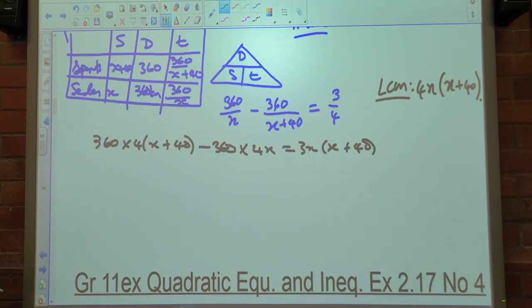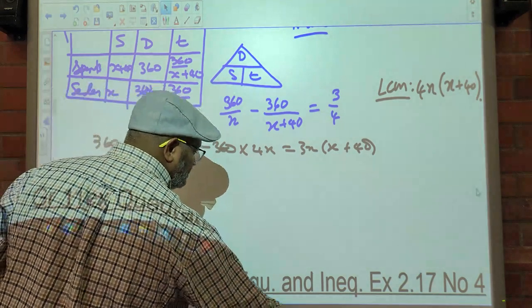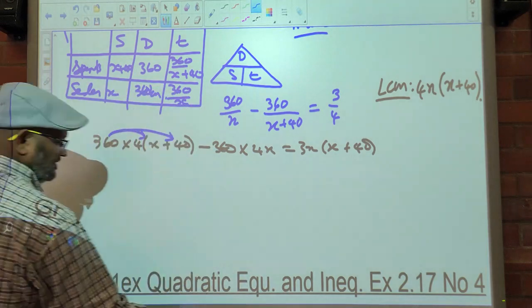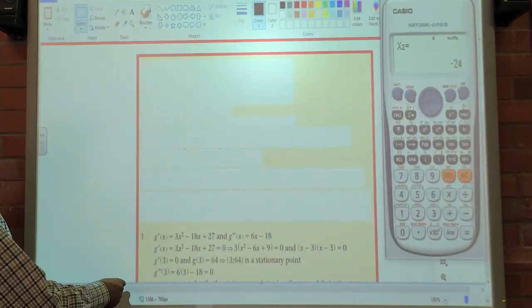Okay. So from here it's a matter of solving for x. So you multiply that in.